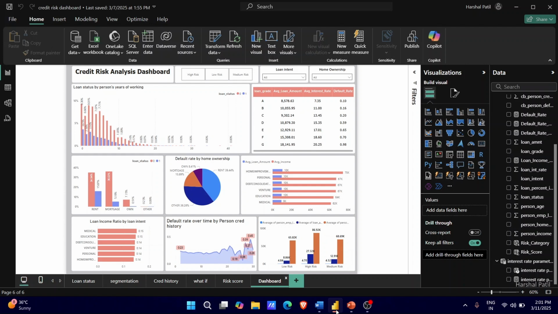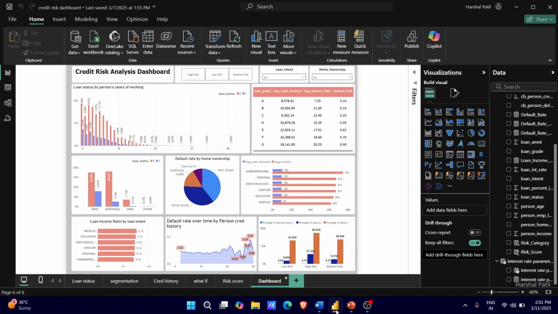Home ownership significantly reduces credit risk. Renters and mortgage holders tend to default more compared to homeowners. Loan intent matters. Medical and education loans have a higher loan-to-income ratio, indicating financial stress in these categories. Credit history directly impacts default probability. Customers with shorter credit histories have higher default rates.